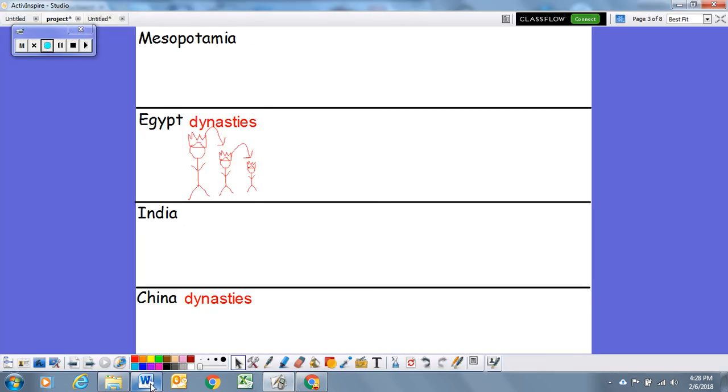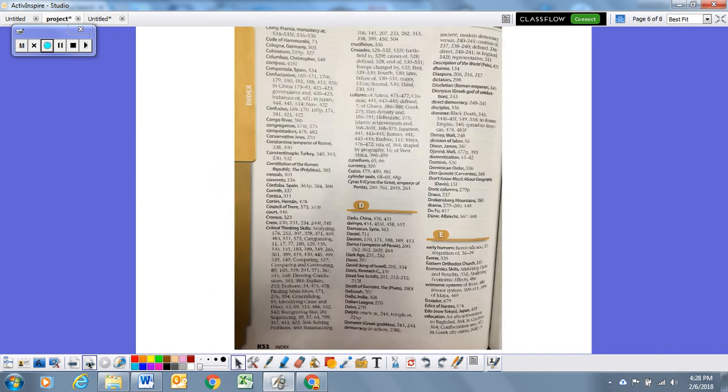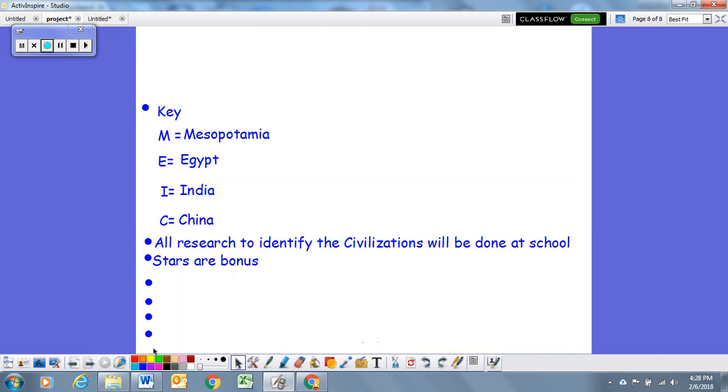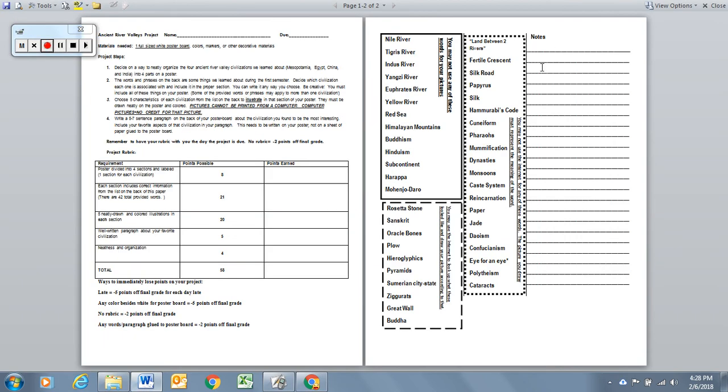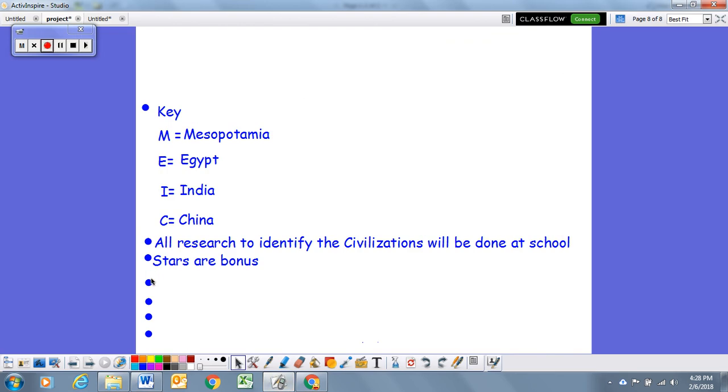Now, what else we need to remember and put in the notes section of our rubric on the back, right here. We need to add on to that: words must be written by the picture.